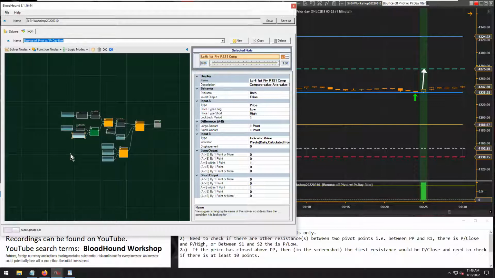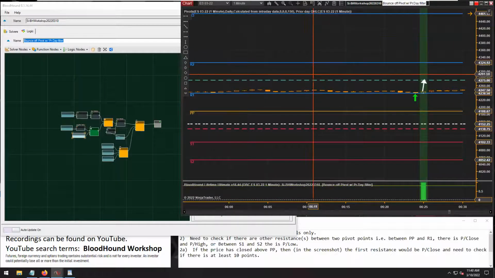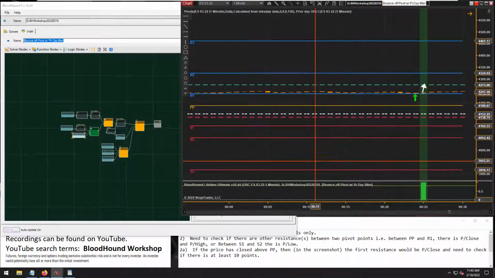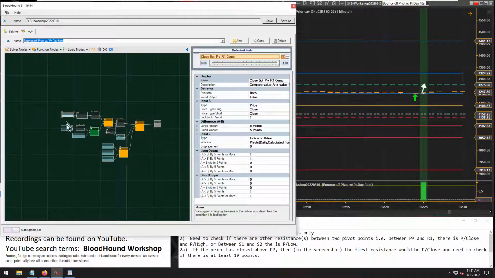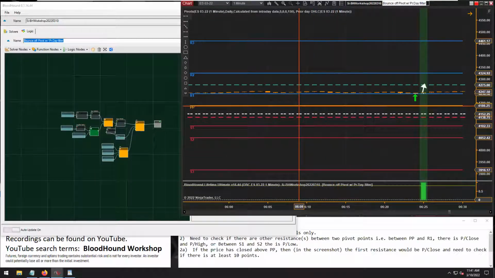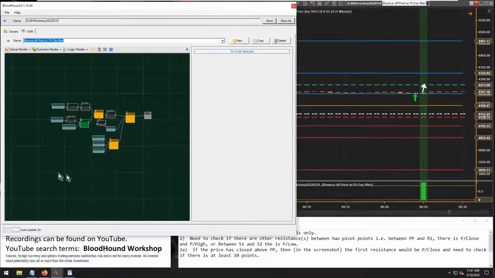And if you want to extend this to also include R2, R3, S2, and S3, then you would just keep duplicating this logic here and making additional comparison solvers. So let's go through the process of adding the PP line and the S1 line here. So we go through this a couple times. All right.